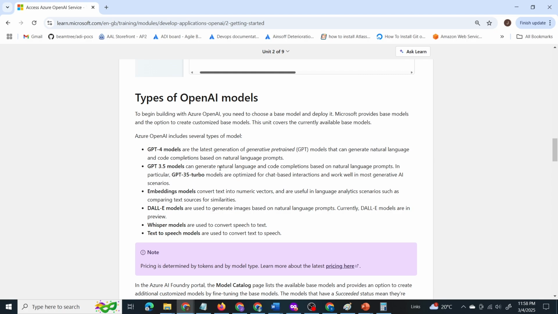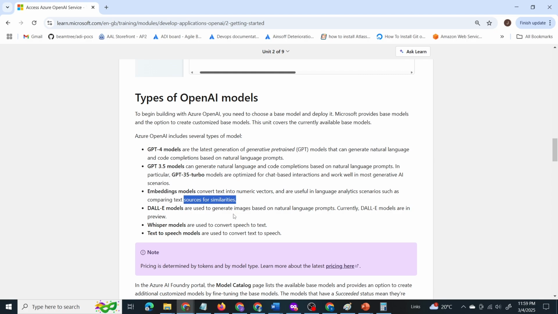And the next type of model is the embeddings model. So it is to convert text into numeric vectors and is useful in language analytics scenarios such as comparing text sources for similarities. So note, embedding models convert text into numeric vectors and are mainly used to compare text sources for similarities. That is what an embedding model is, and one of the embedding models is the ADA-002 model of Azure.